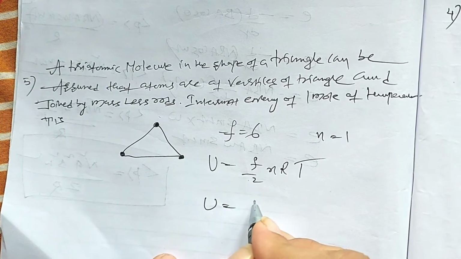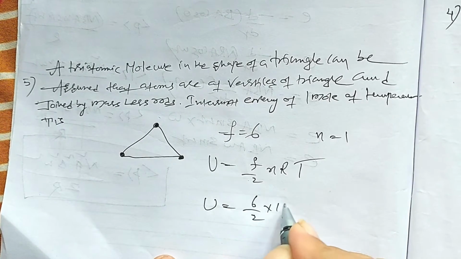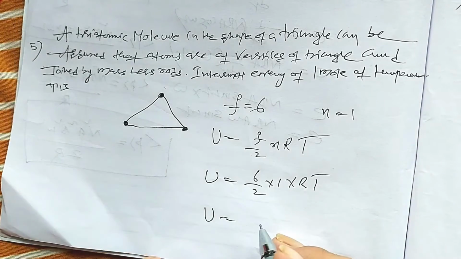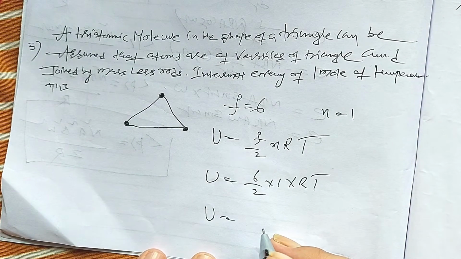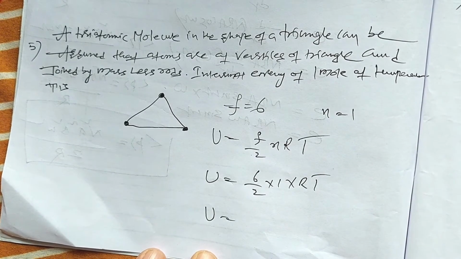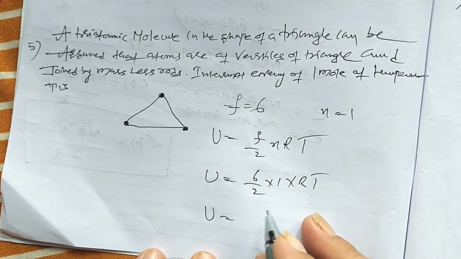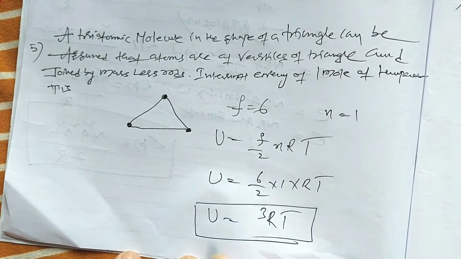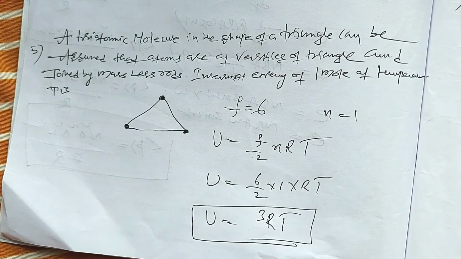U is equal to 6 by 2 into 1 into RT. So U is equal to 3RT. This is the correct answer.